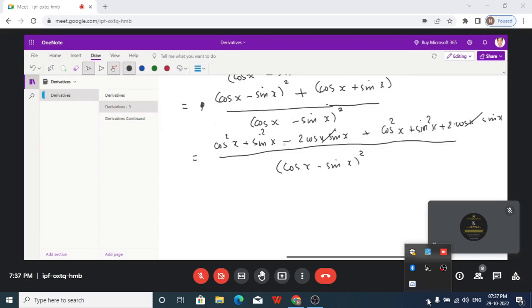Now the 2 cos x sin x terms get cancelled out. So you get 2 into (cos square x plus sin square x).